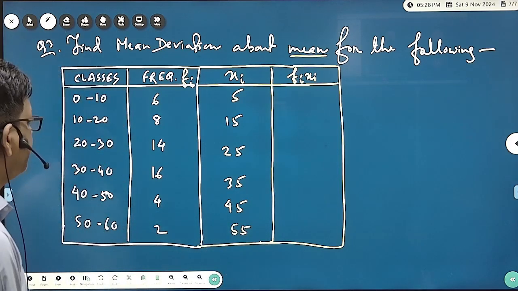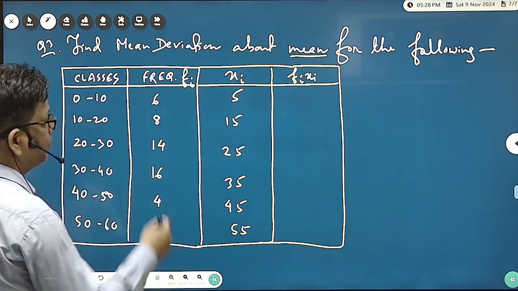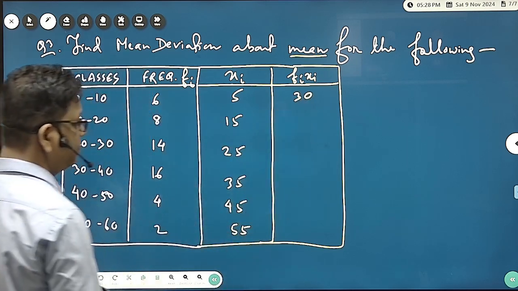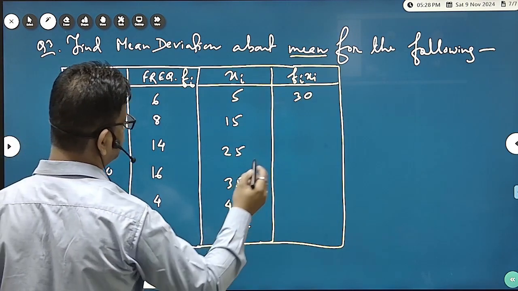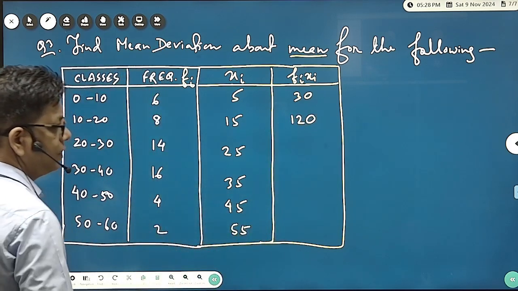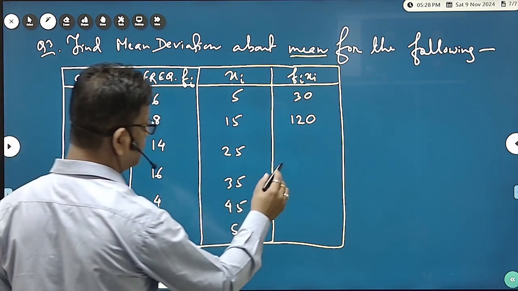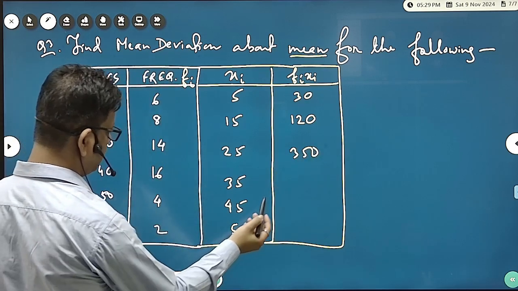Now you do the calculation. What you need to do now is multiply fi and xi. So it will be 6 into 5, 30, please keep the same. You can use the calculator. 15 into 8, is it 120? Correct? 25 into 14, how much? 350. 16 into 35?